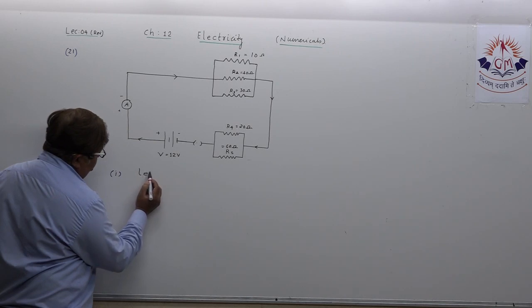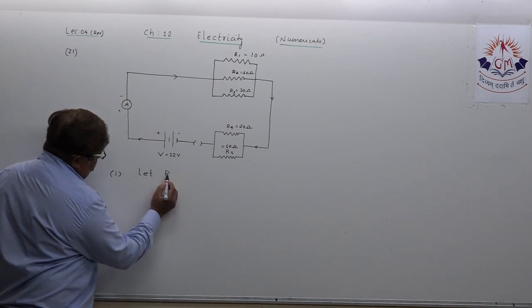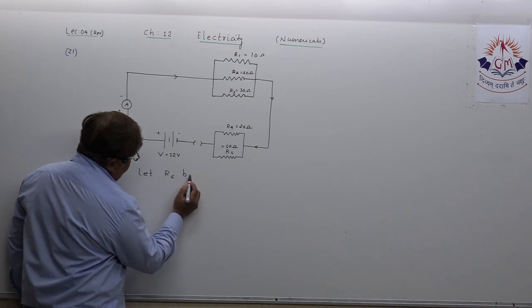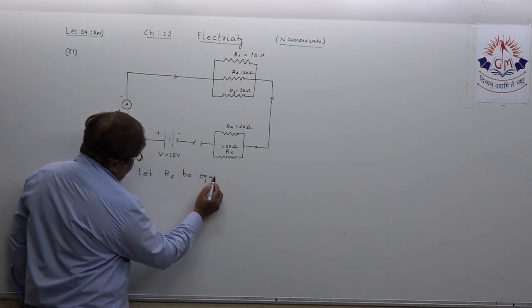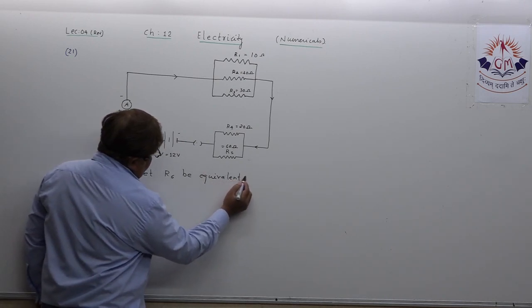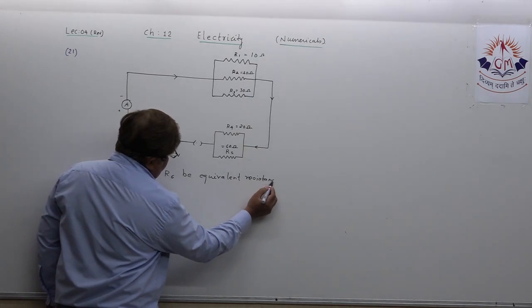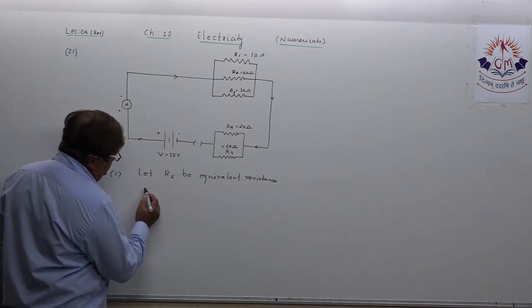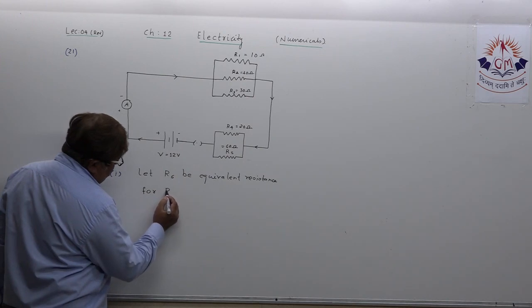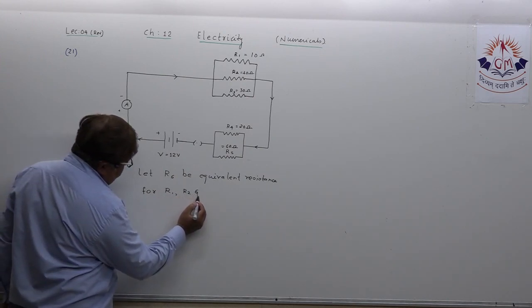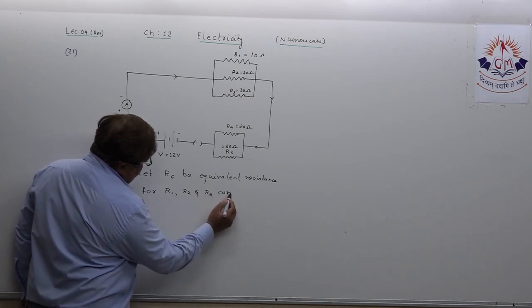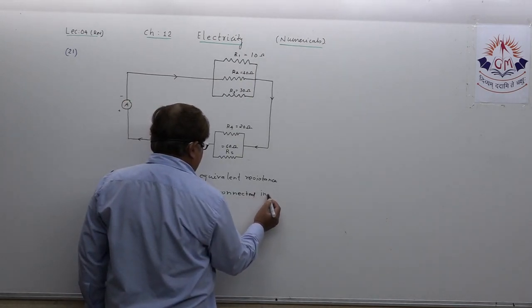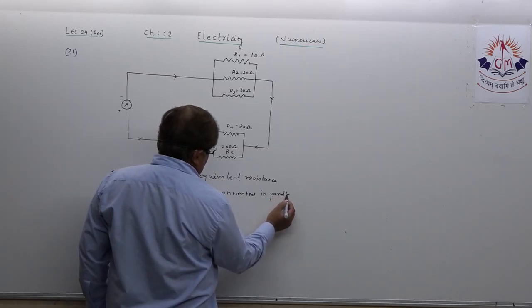Let R6 be the equivalent resistance for R1, R2 and R3 connected in parallel.